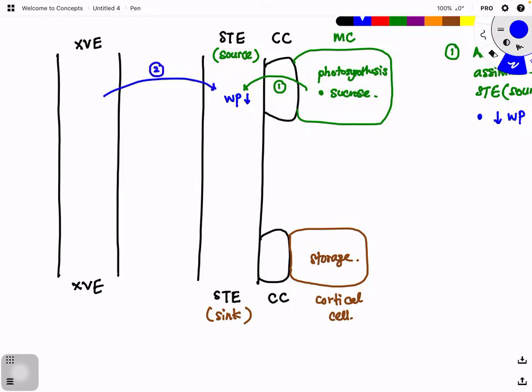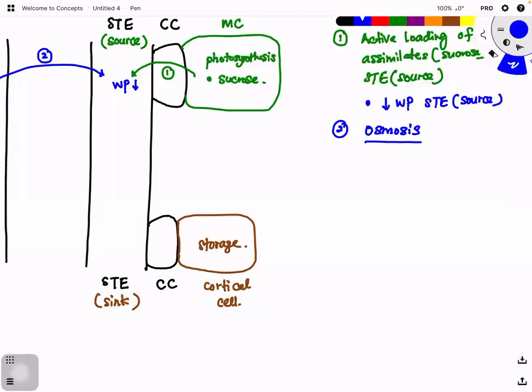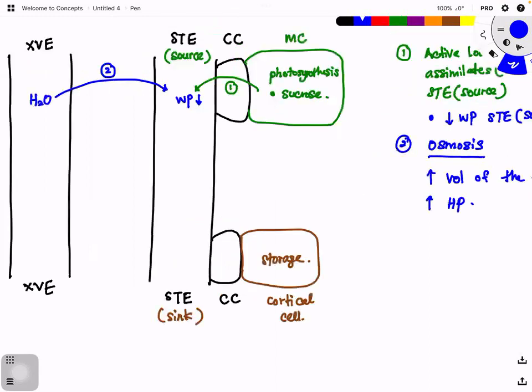So process number 2, osmosis takes place. Water molecules enter the sieve tube element at the source, down the water potential gradient. The consequence is that we increase the volume of the fluid, therefore we increase the hydrostatic pressure. Due to the accumulation of water, the hydrostatic pressure is high.